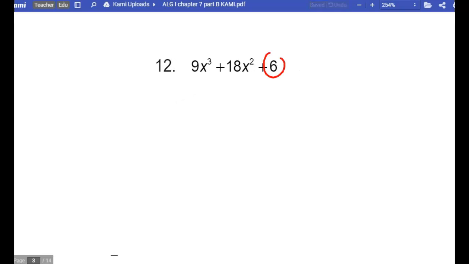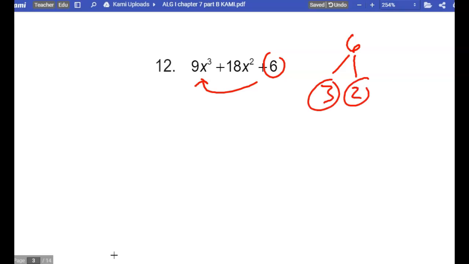I start with the smallest number, 6, and it doesn't go into 9. However, if I take my 6 and break it down into prime numbers and do that prime factorization, you'll notice that the 3 does go into both of these numbers. So I can pull a 3 out in front. That's my GCF. It's 3.